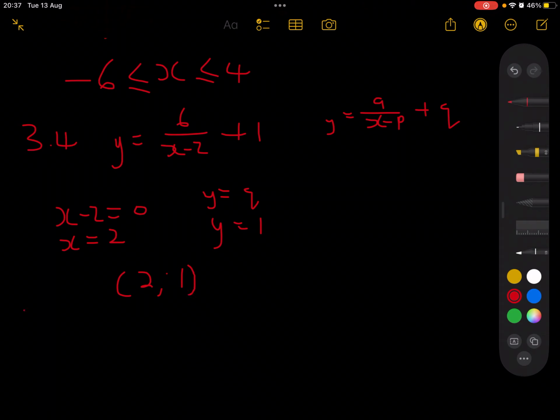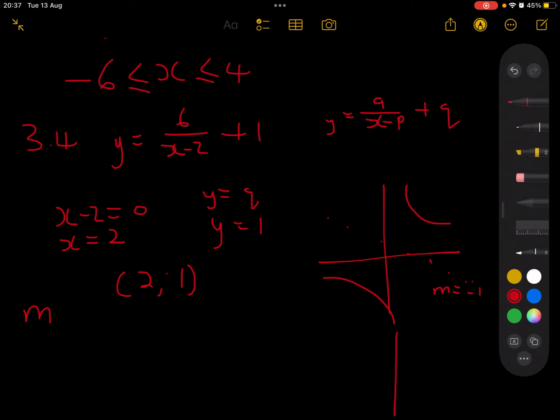And they say that it has a gradient that is negative. So it's always a positive 1 or a negative 1. Meaning, if you have a hyperbola in here, this axis of symmetry line will have a gradient equal to negative 1.